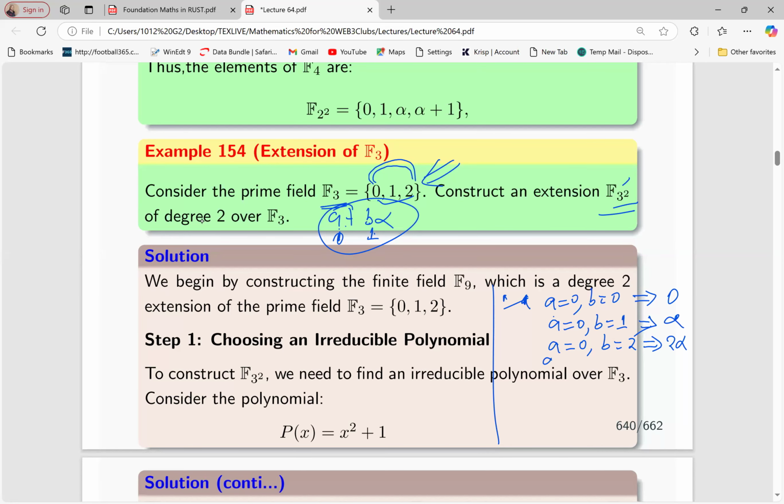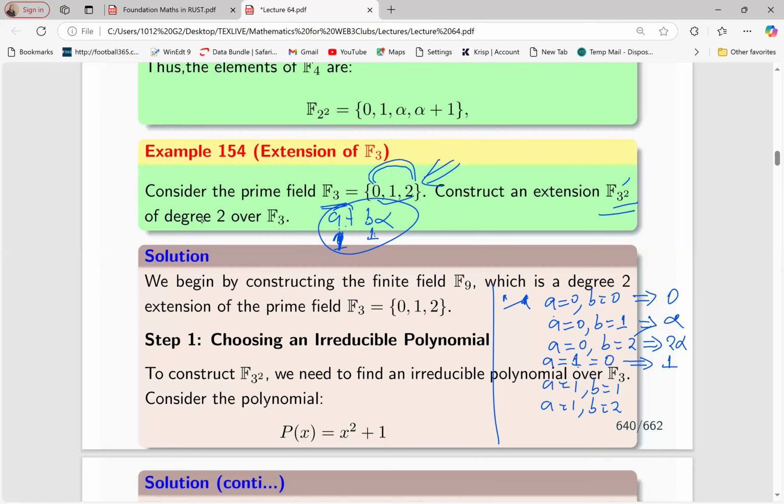We also have the option of A being 1 and B being 0, A being 1 and B being 1, and then A being 1 and B being 2. These are the other 3 possibilities. If A is 1 and B is 0, we get the element 1.